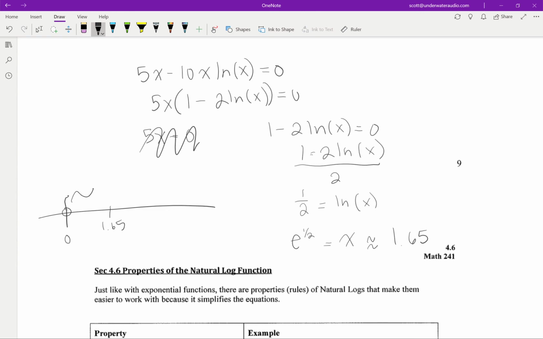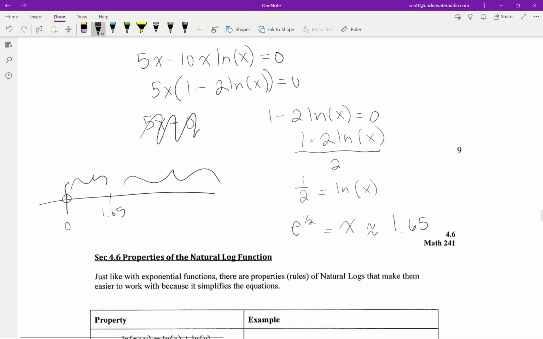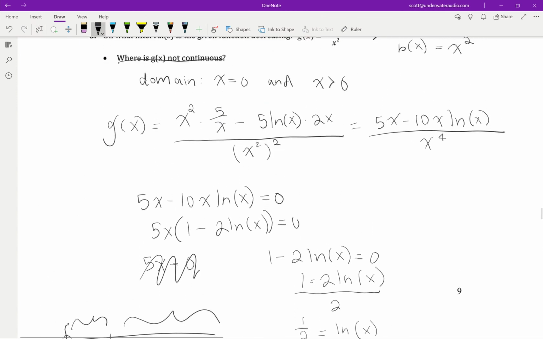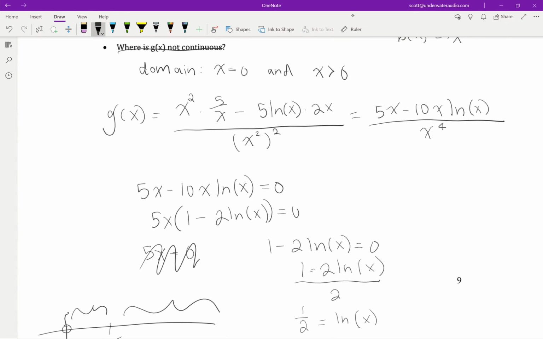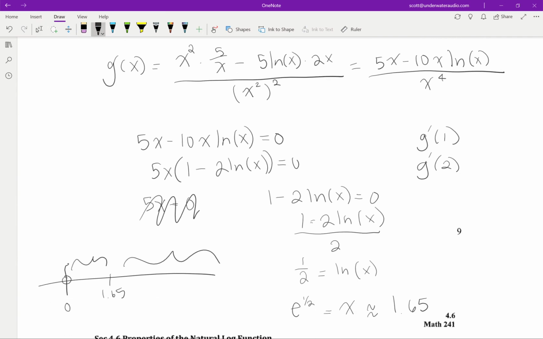So I need to check here and all the way over here. The function that we started with was called g, so I need g prime of 1 and g prime of 2, because I'm just testing points. Between 0 and 1.65, 1 would work.